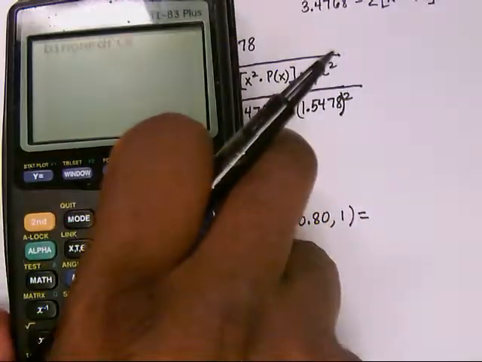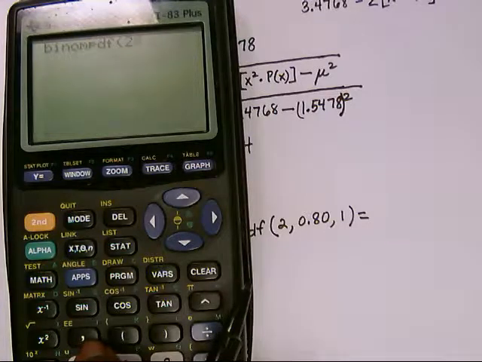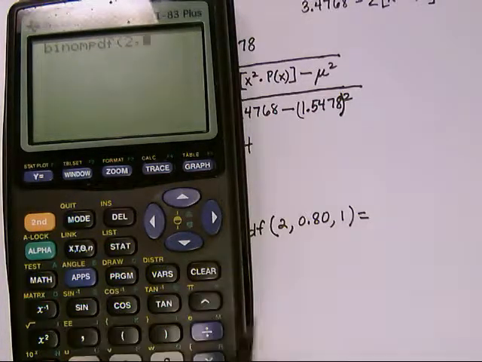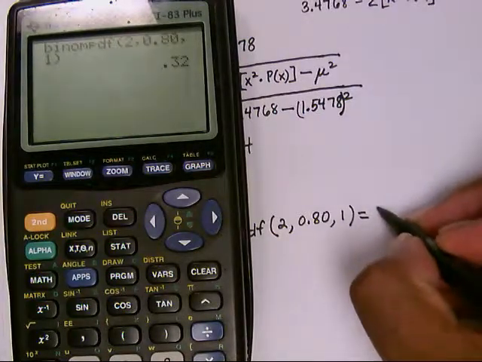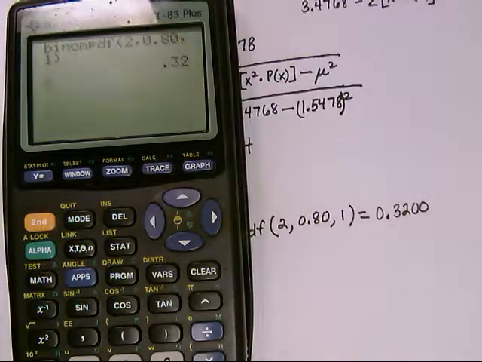And then you're going to be entering whatever n is, and then it's separated by a comma. That comma is above the number 7. So it'll be 2 comma 0.80 and then comma 1 close parentheses, and then press enter. And again, we're going to carry this out to 4 decimal places, so it'll be 0.3200.